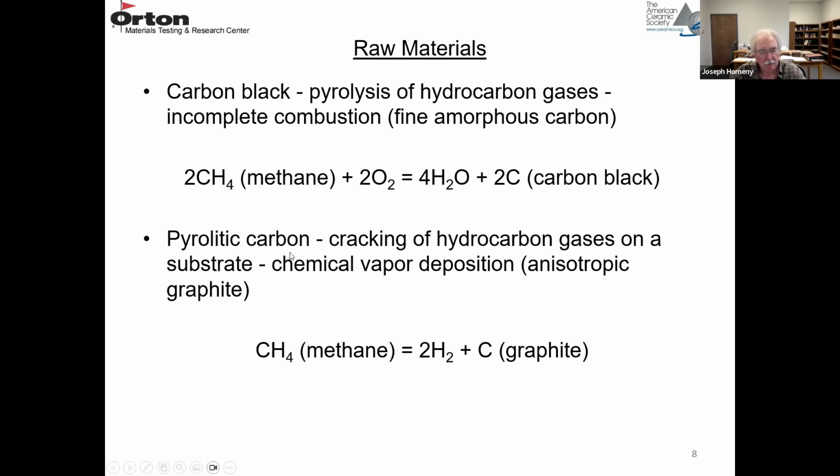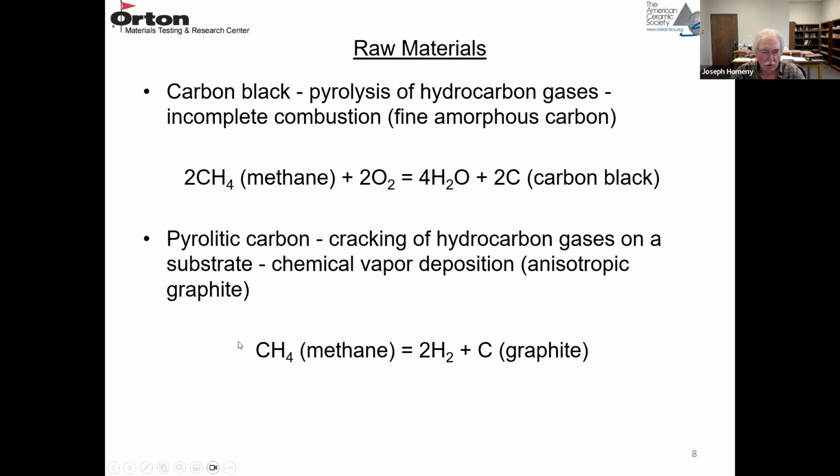Pyrolytic carbon, I just mention this because it's another source of carbon. This would be a high performance technical type ceramic. It would not be a way to make carbon for a refractory. But basically, you crack a hydrocarbon gas on a hot substrate. So it's a chemical vapor deposition product. And the carbon tends to grow in large columnar crystals perpendicular to the substrate. So it's anisotropic.